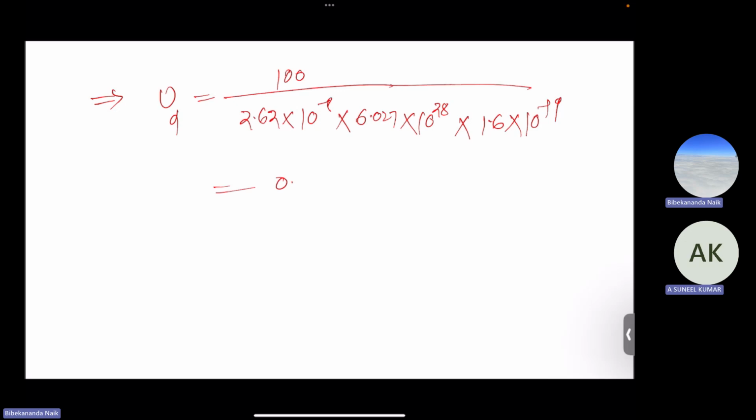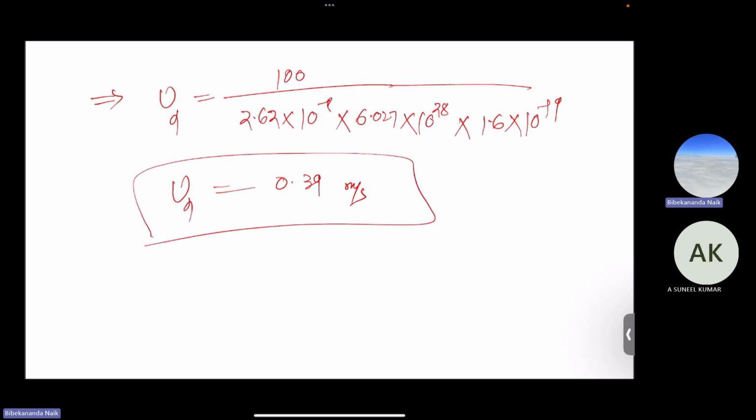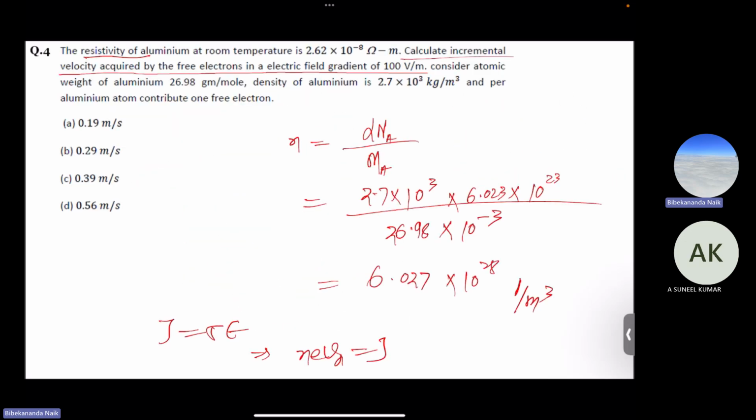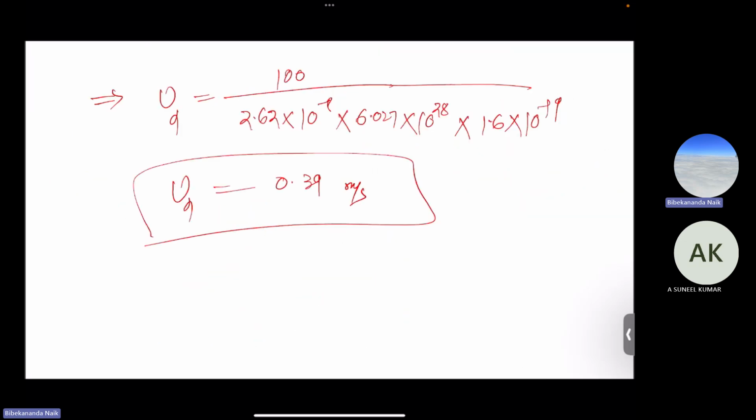It will give you 0.39 meter per second. So this is the drift velocity of the electron. So the correct option is option C. Now this is clear to you? Yes, sir. Okay, so we'll move to the next question.